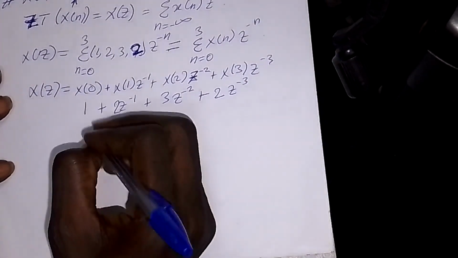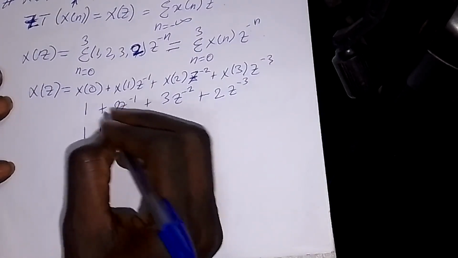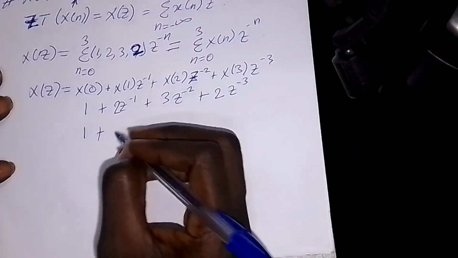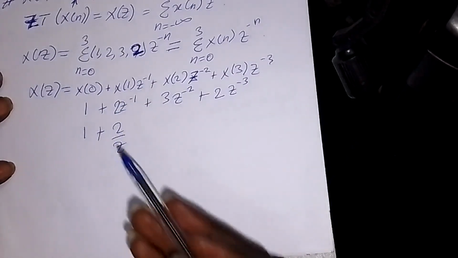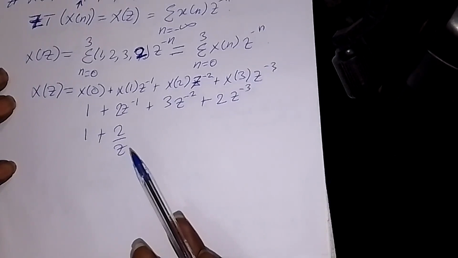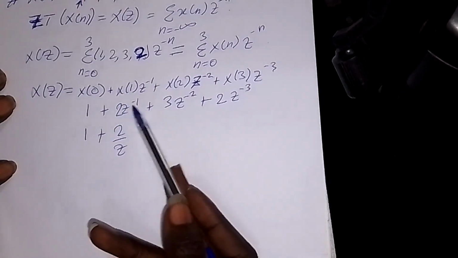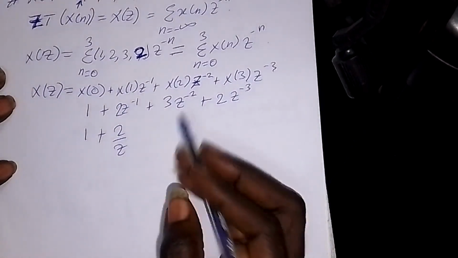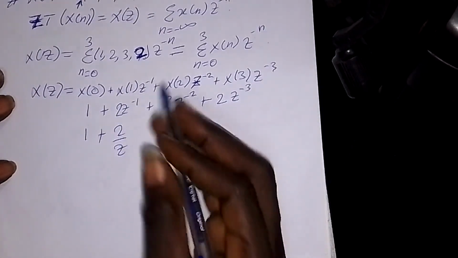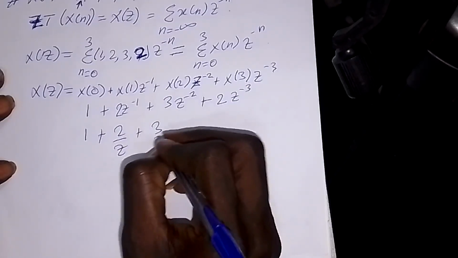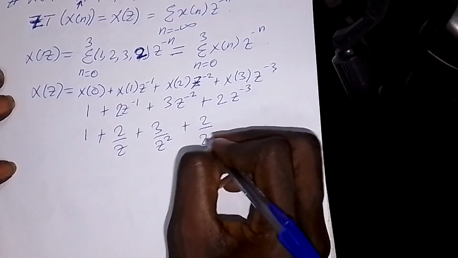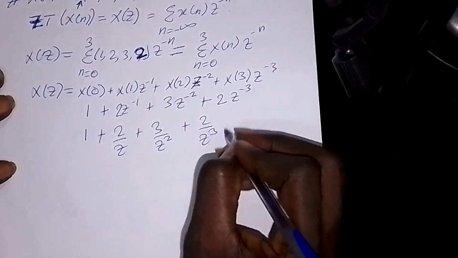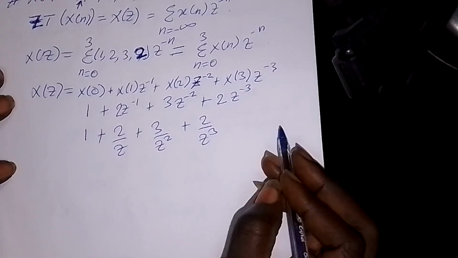So now I'll have 1 plus 2 over z, because you can write it this way, plus 3 over z squared, plus 2 over z cubed.